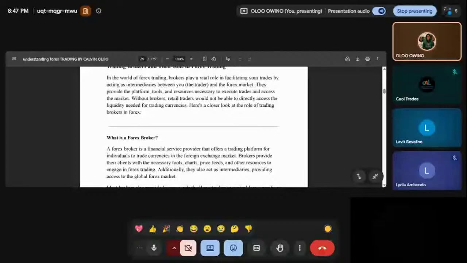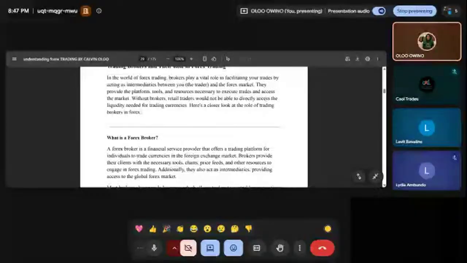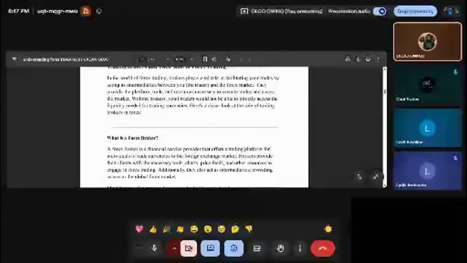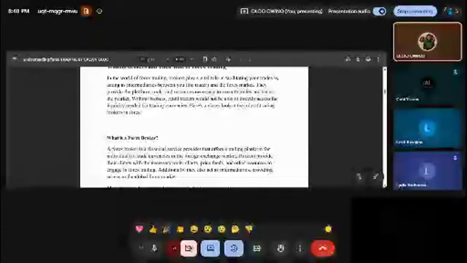Additionally, they act as intermediaries to the global forex market. It's like when you're farming tea and you want to sell it on the global market, you need a broker to connect with the global market. So here, when you want to trade the forex market, you'll have a broker helping you access the global forex market.